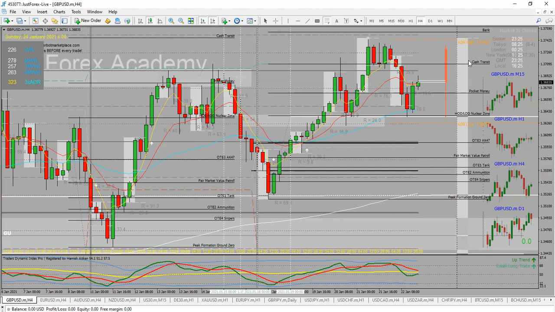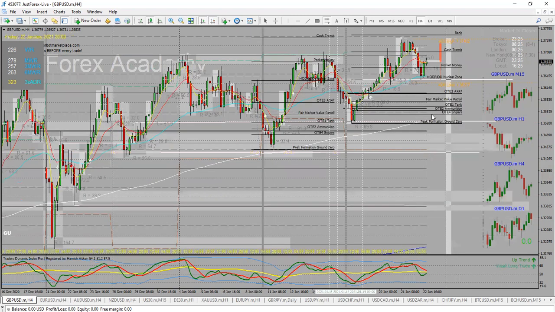Then they will rise again. Let me zoom it again so that at least you can see where it will be my target for this week. I'll expect the market to come in and at least to test the zones, then they will rise.